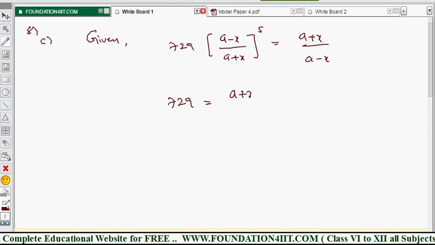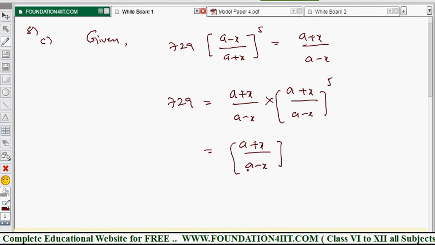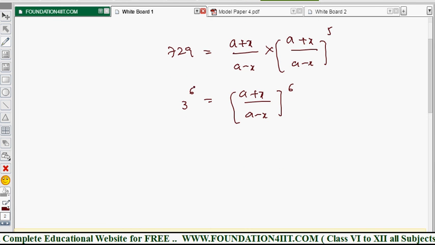Then already on this side a plus x by a minus x, into this will be changed, so a plus x by a minus x whole to the power 5. If you take it to the other side and interchange, then this is (a plus x by a minus x) whole to the power 6. 729 is 3 power 6. Then if you cancel the powers, 3 by 1 is equal to a plus x by a minus x.